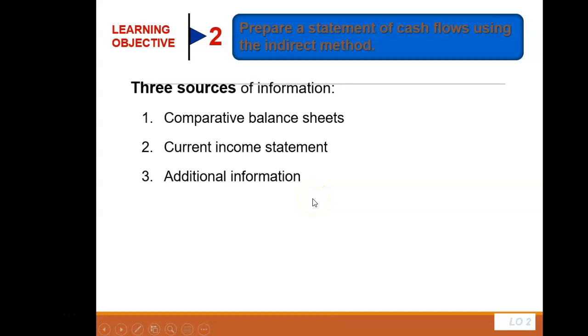So, go get some paper and pencil. We're now going to begin preparing the statement of cash flow using the indirect method. So you ready? You excited? Okay. So stay tuned for part 2 of our Chapter 12 lecture.